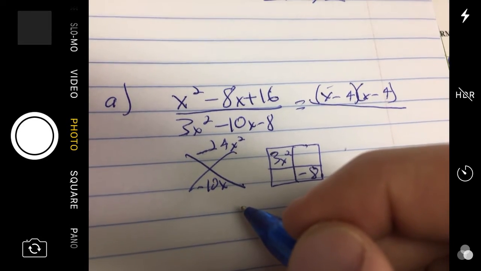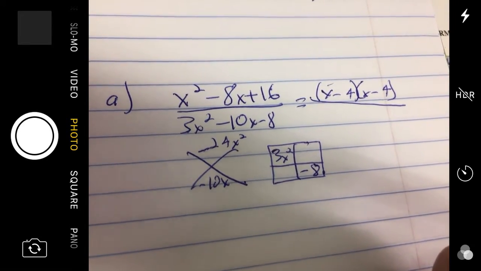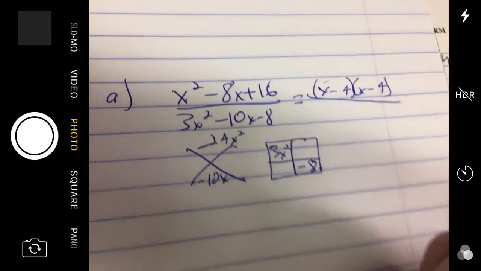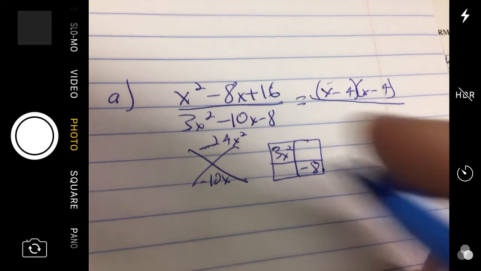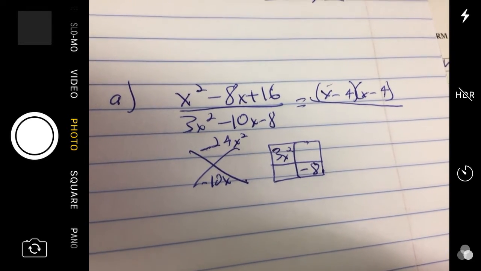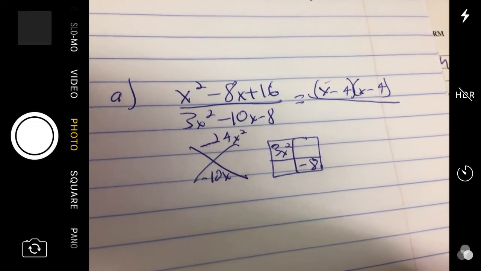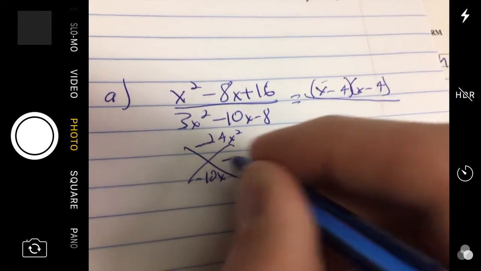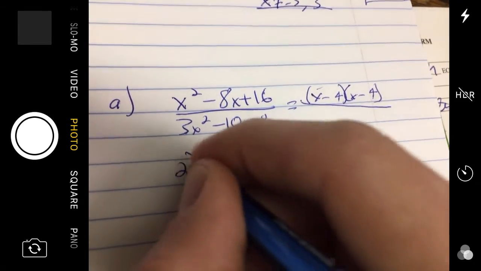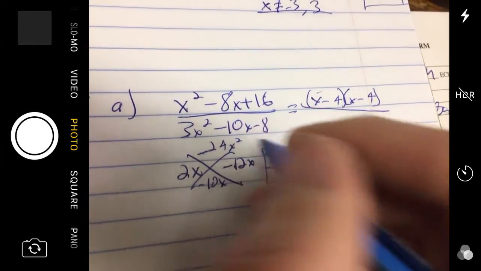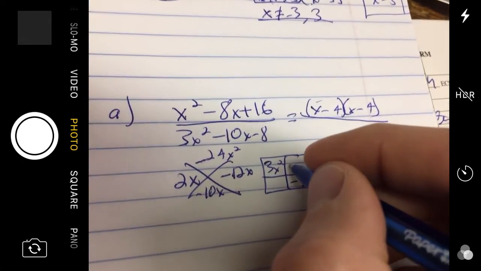Let's try 6 and 4. -6, -4? No, those multiply to be positive. What about 12 and 2? Negative 12, positive 2. Yep, that's it. So negative 12x and 2x. They multiply to be negative 24x squared, and they add to be negative 10x. So I'm going to fill those in over here.